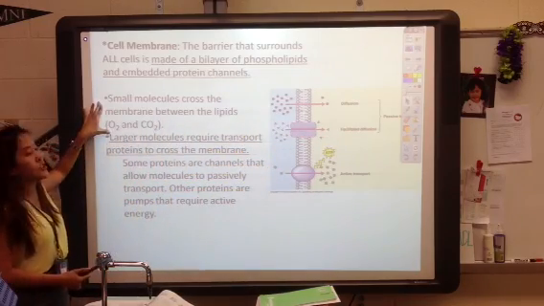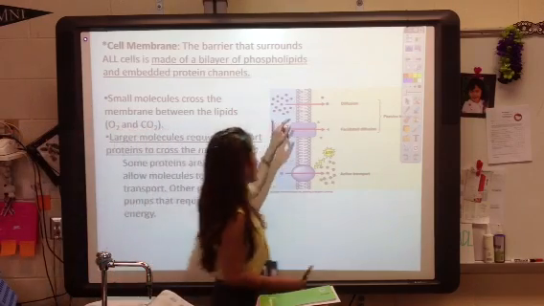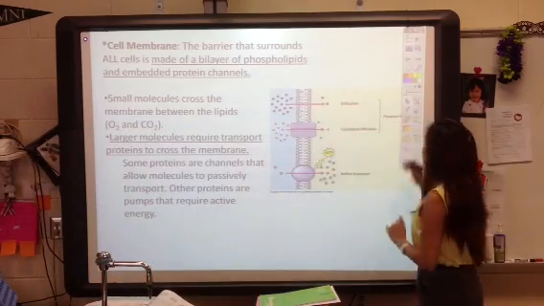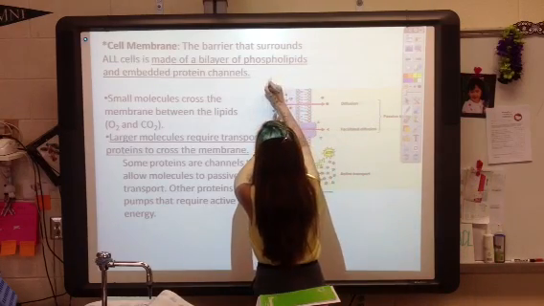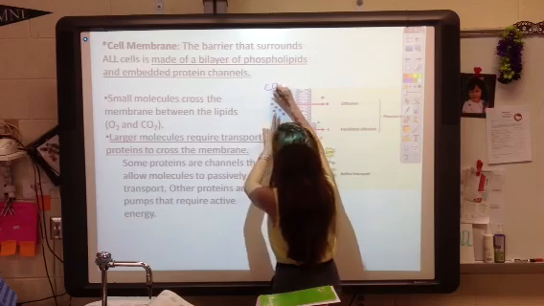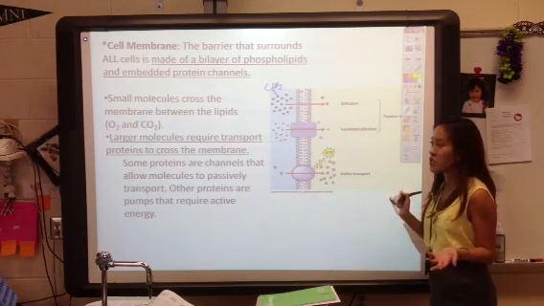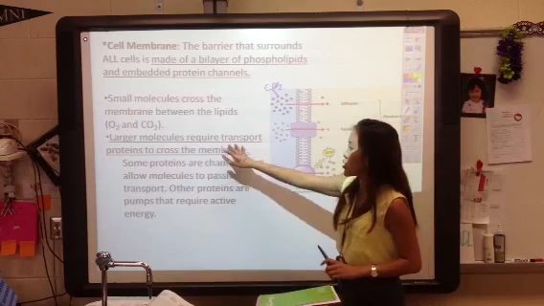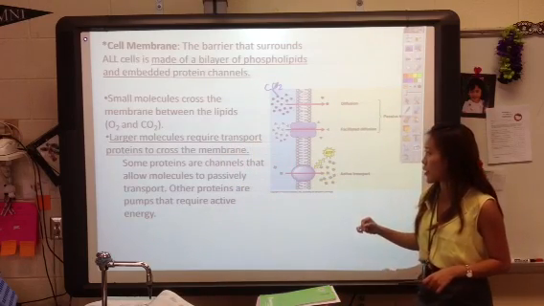So small molecules are able to cross through the membrane between the lipids. So here you can have small molecules, and you'll want to write this in on here a little bit, like CO2, carbon dioxide, can move through the cell membrane very easily, and so can oxygen. Larger molecules are going to require transport proteins to cross the membrane.